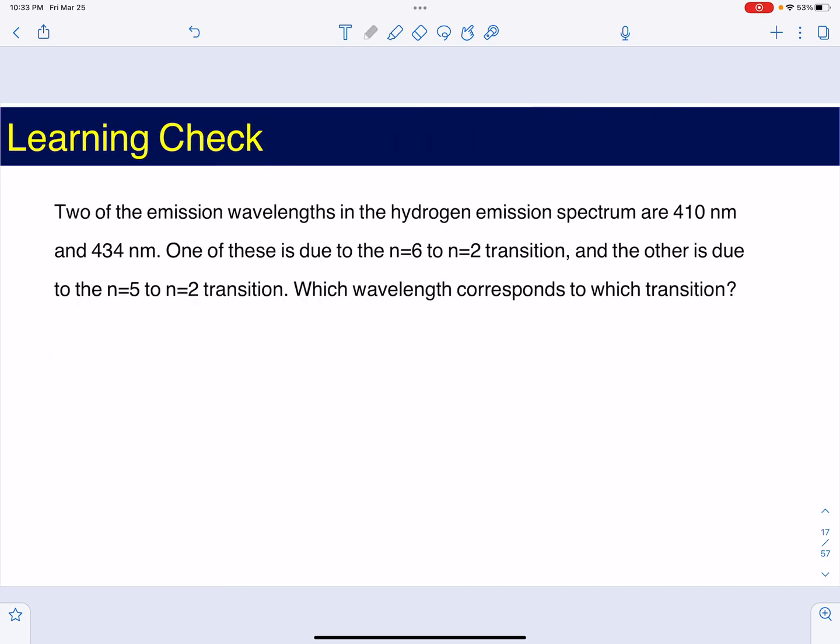So let's do a problem like this. Make sure we understand Bohr's model. So remember Bohr's model, you have the nucleus in the center, and then you have specific quantized energy levels where the electrons are going to be. The farther the energy level is from the nucleus, the higher the energy. The closer, the lower the energy. Lower energy, more stable.